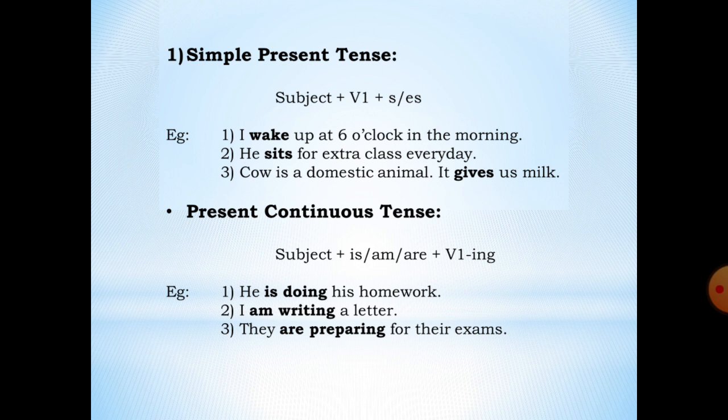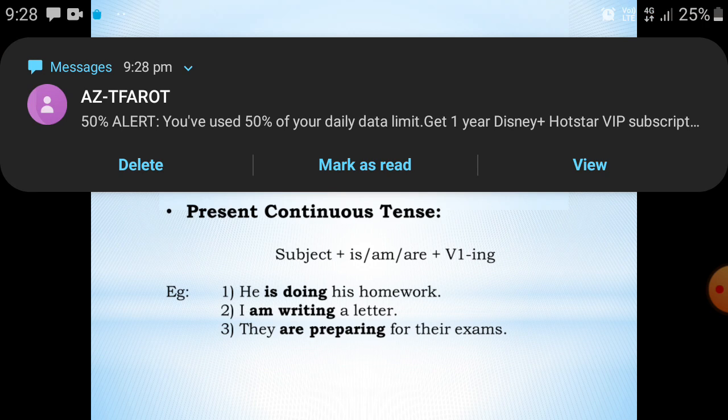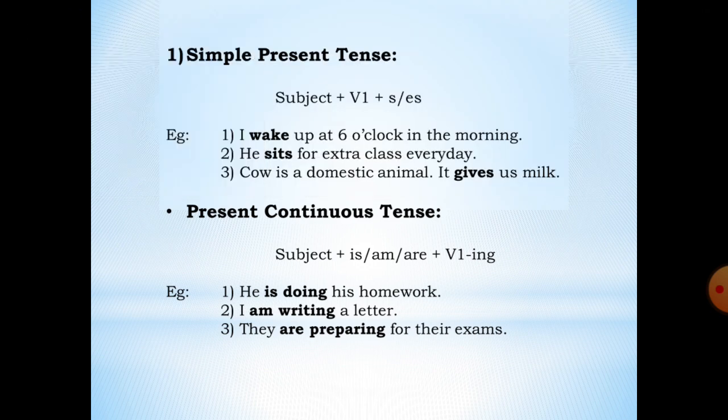Here the verb wake indicates that the sentence is in present tense. Second sentence, he sits for extra class every day. Sits is a verb in present tense, as I have mentioned in the formula that sometimes S or ES goes along with the verb.